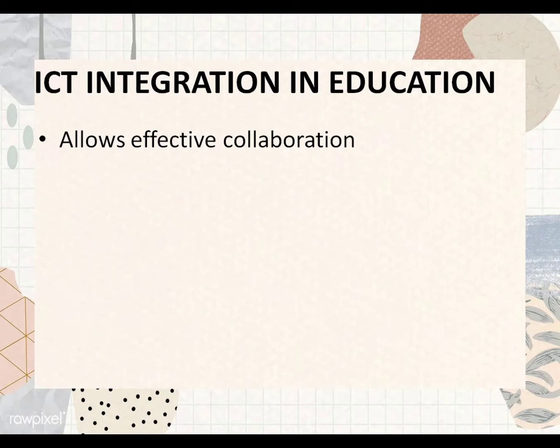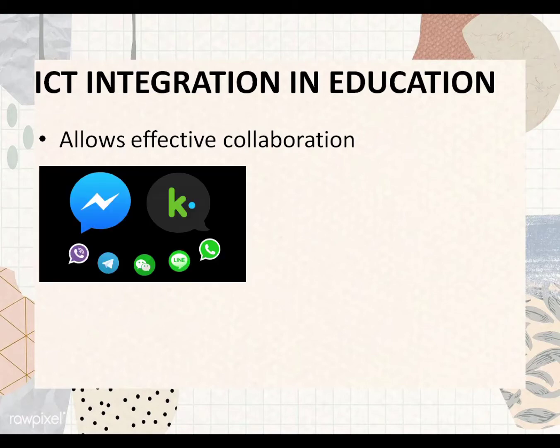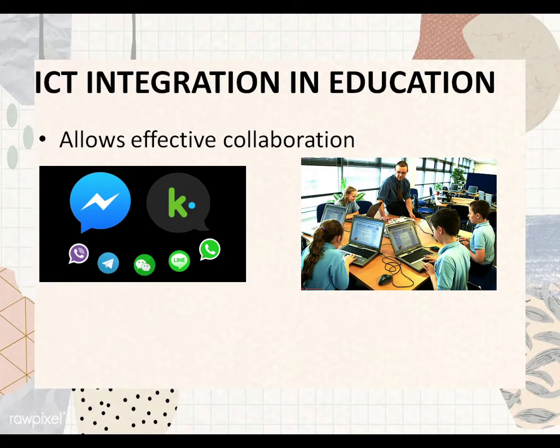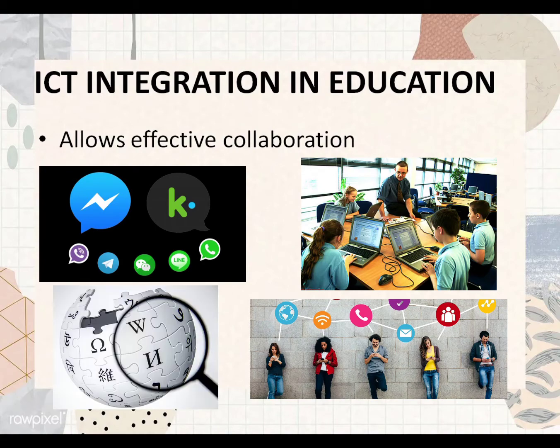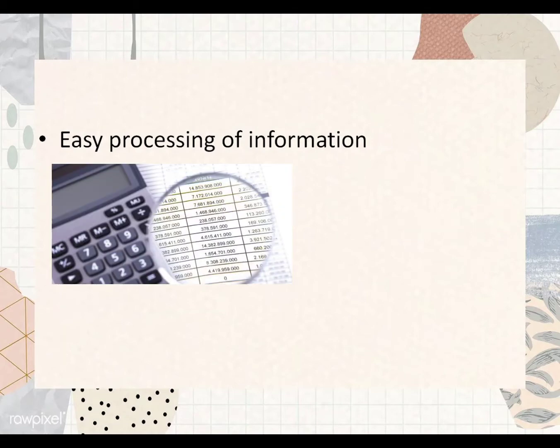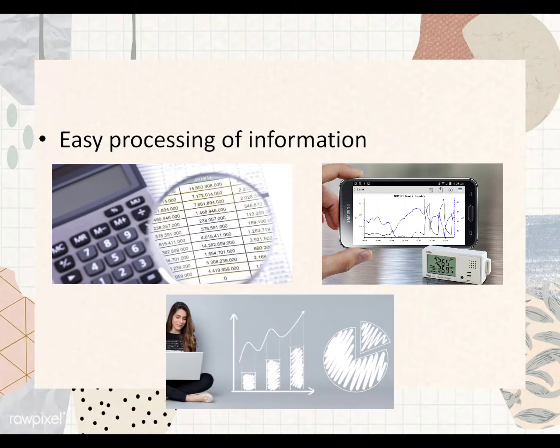The importance of ICT integration in education is that it allows effective collaboration, such as instant messaging, web conferencing, social networking, forums or chats, and wiki. Next, it makes processing of information easy, such as accounting tools, data loggers, and statistical tools.